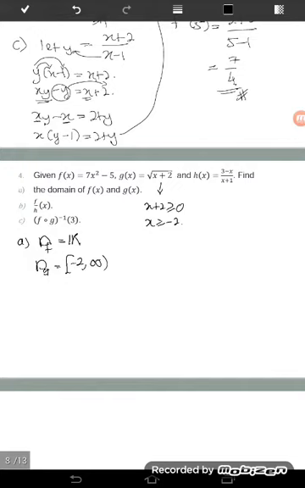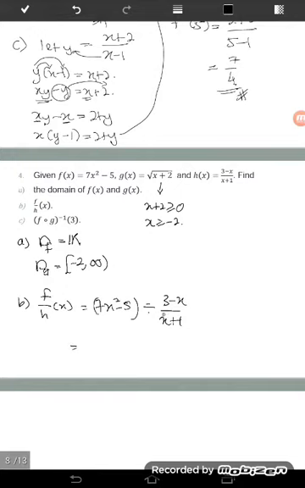Okay, so next B, f divided by h. f divided by h of x, so it is equal to f, 7x squared minus 5, divided by h, 3 minus x over x plus 1.